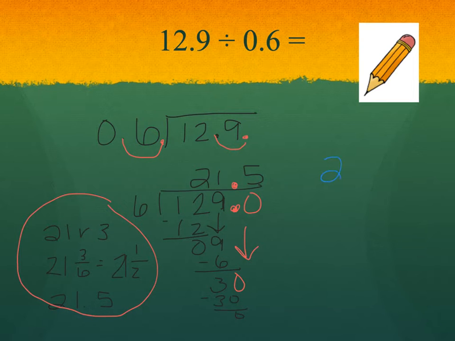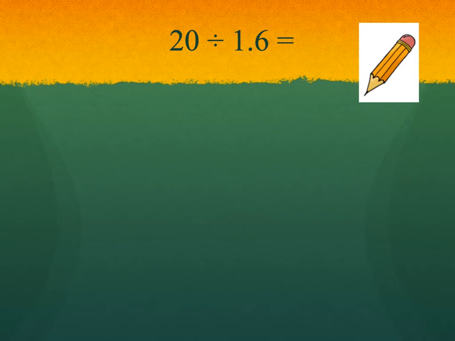I can do quotient times divisor, and it should give me my dividend if I'm correct. 1 space here, 0 spaces here. 129 matches 129. I'm correct. Now remember, because you see the pencil symbol on this page, you need to pause the video and write this example into your notes.